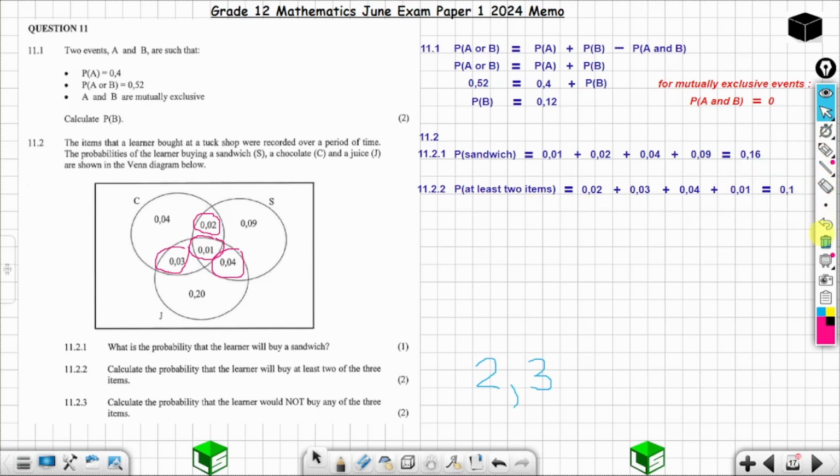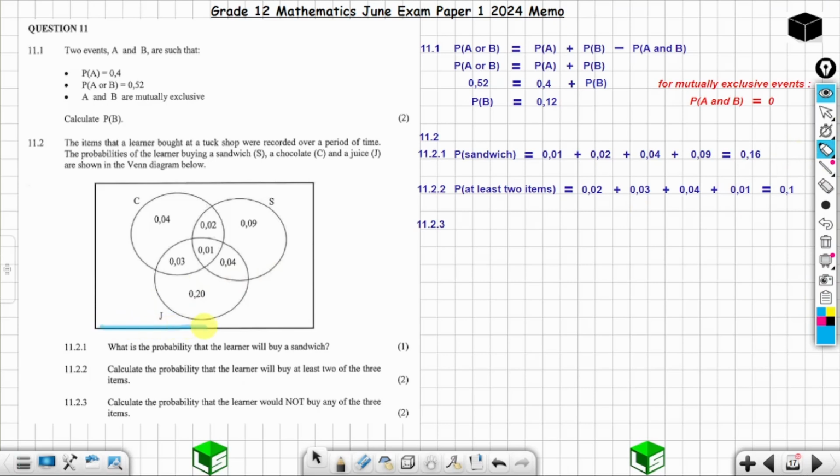Now, question 11.2.3. Calculate the probability that the learner would not buy any of the 3 items. So we are looking at the probability outside of the circles.